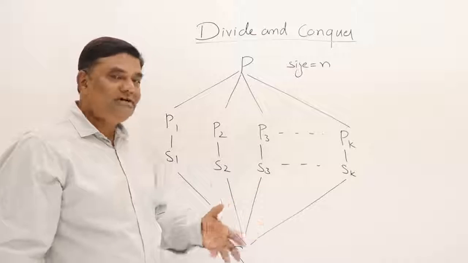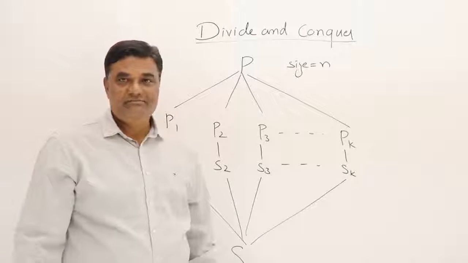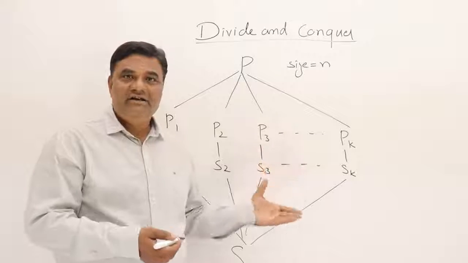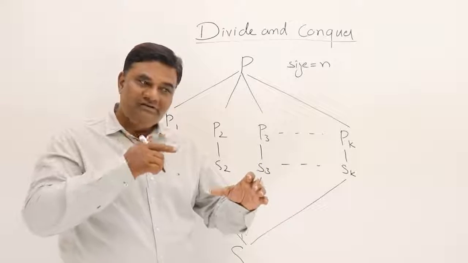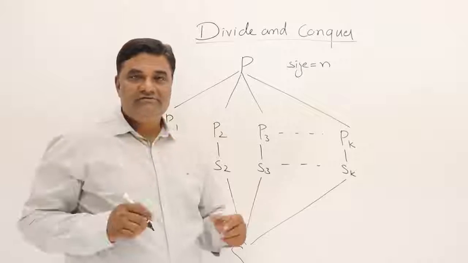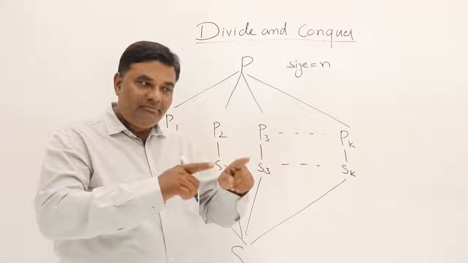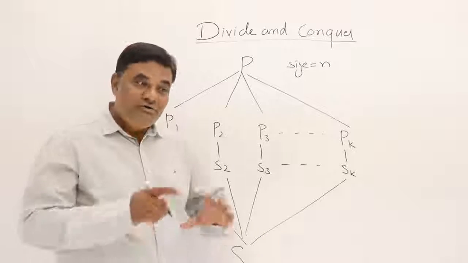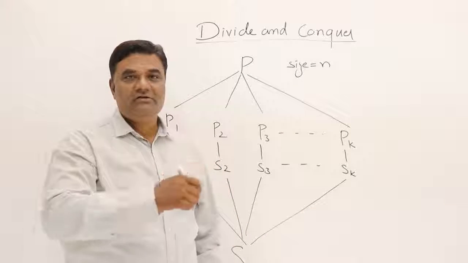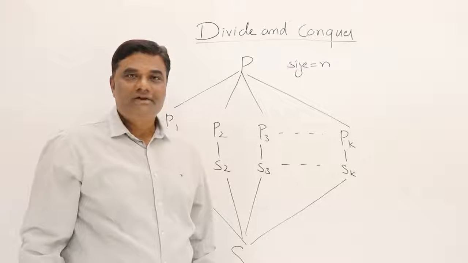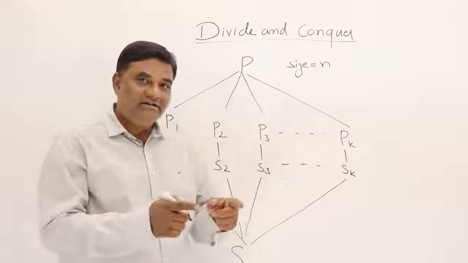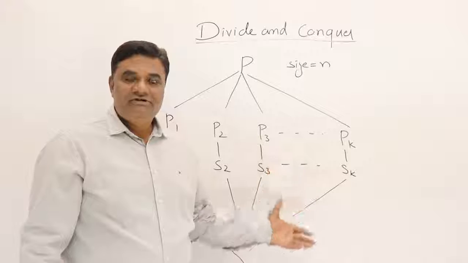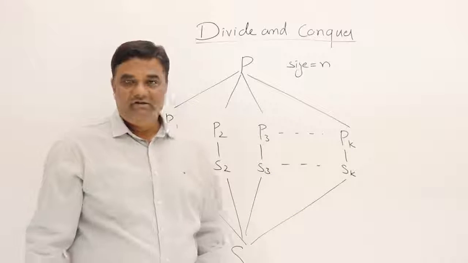If you are unable to combine, then you cannot adopt this strategy. So this is a guideline you can see: for any problem, how can you understand whether you can apply divide and conquer on it or not. If you break it, the problem should remain the same. Then divide and conquer strategy is applicable. And you should have a method for combining them. So this is the approach of the divide and conquer strategy.